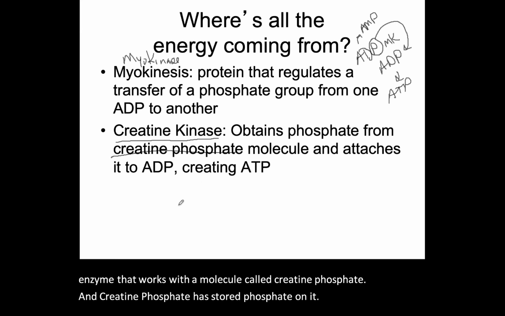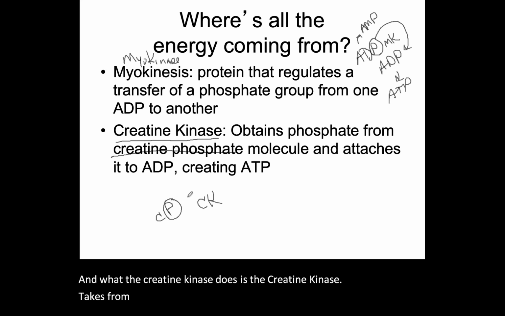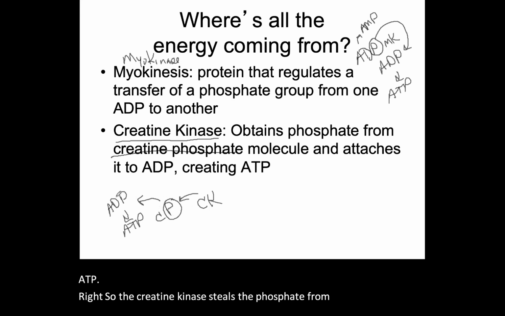And what the creatine kinase does is it takes the phosphate group from creatine phosphate and puts it onto ADP to create ATP. So the creatine kinase steals the phosphate from creatine phosphate and adds it to the ADP to create ATP.